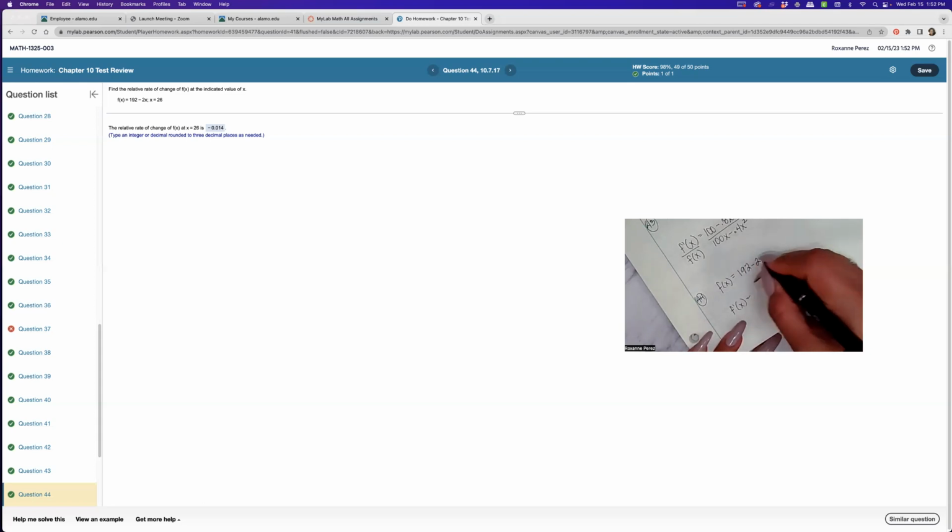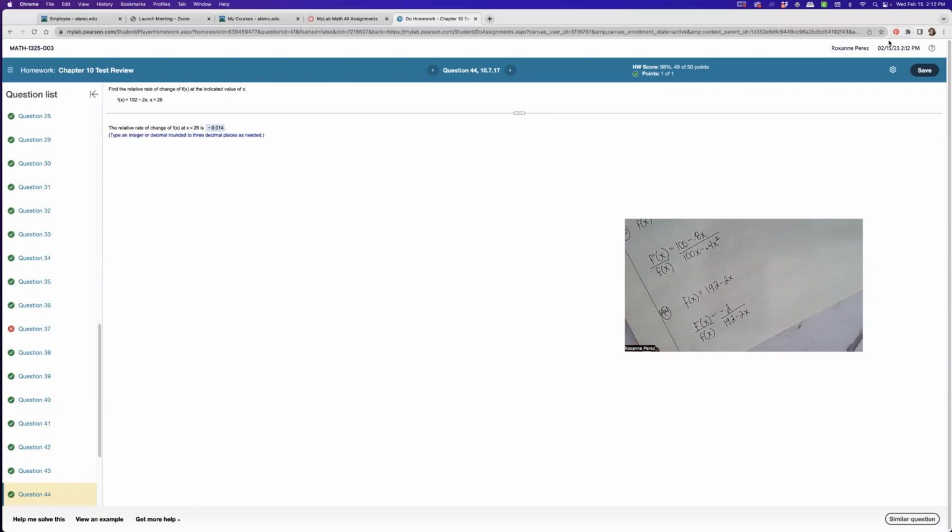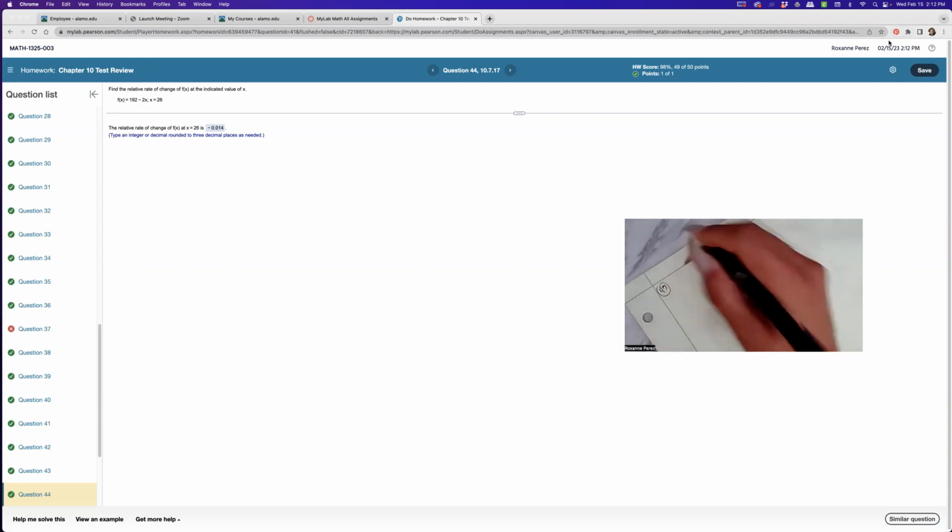We're just left with this term, and the derivative of that is negative 2. Then we divide by f of x, bringing that original function into the denominator. And that's your relative rate of change for this given function. That's the end of question 44. Let's keep going. Home stretch, guys. I know it's a long one. All right, 45.